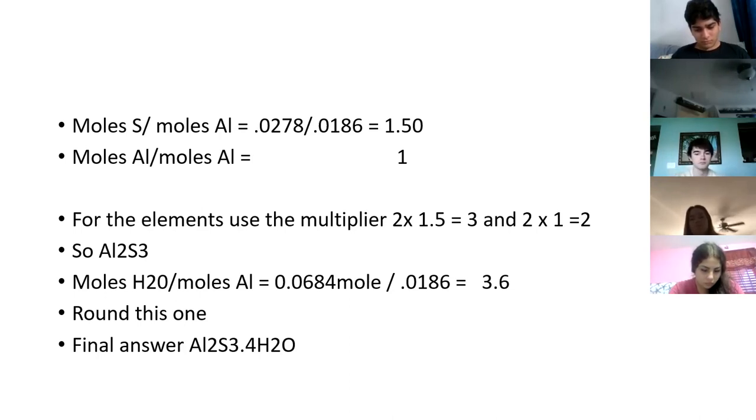So when I'm comparing water to the metal, I'm going to round that one. Even though it's only 3.6, I'm going to round that up to 4. So my final answer is going to be Al2S3·4H2O.